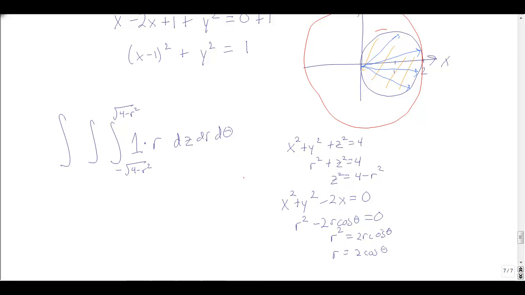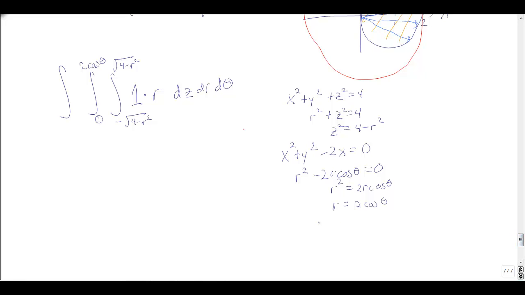So I'm going to start at r equals 0, that's the origin, and go out to the circle, which is 2 cosine theta. Now theta is a little bit trickier. You have to think about when I am at the origin. Well, I'm at the origin when 2 cos theta equals 0, that is, when cosine theta equals 0. So we get r equals 0.